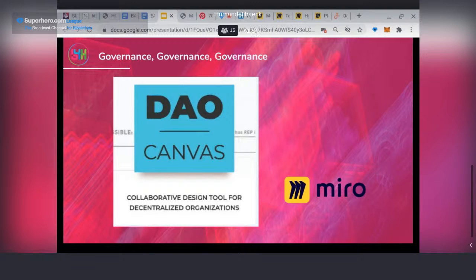This is just my bias. But here again, I'm leaving you another canvas tool on how to build a DAO, in case the solutions that you're tackling involve a DAO somehow. It doesn't have to, of course.